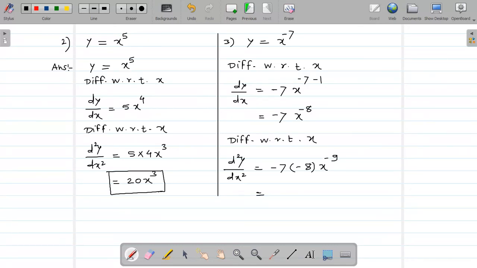And finally it is minus 7 into minus 8, that is plus 56 into x raised to minus 9. So you can rewrite this as 56 upon x raised to 9. So this is d square y upon dx square.